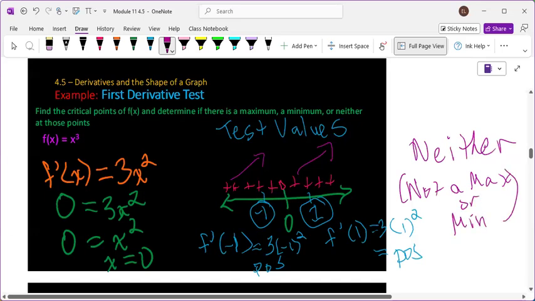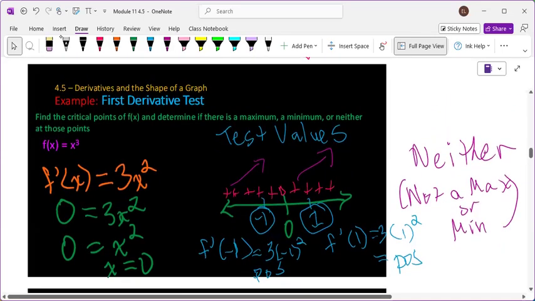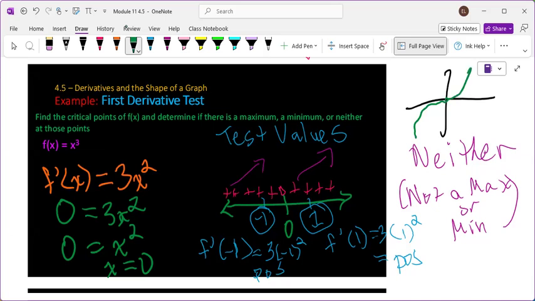So not a max or a min. And if you think about the graph of x cubed, that's the shape. It just goes up and up and up, always increasing.